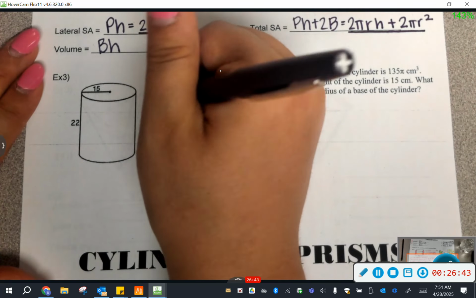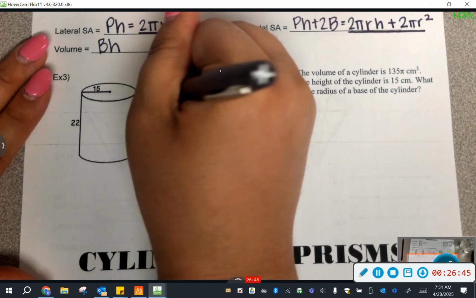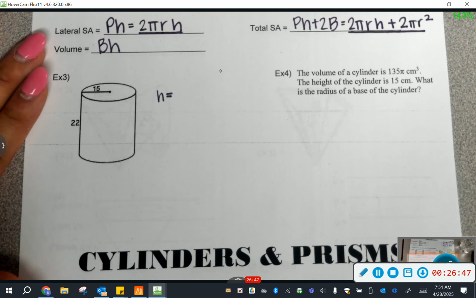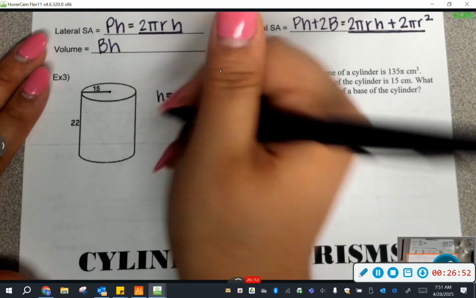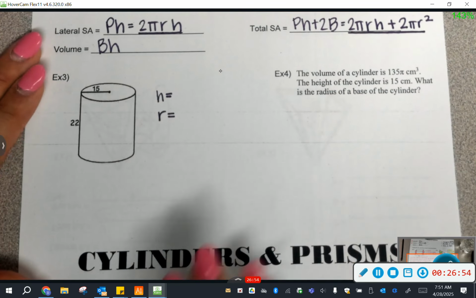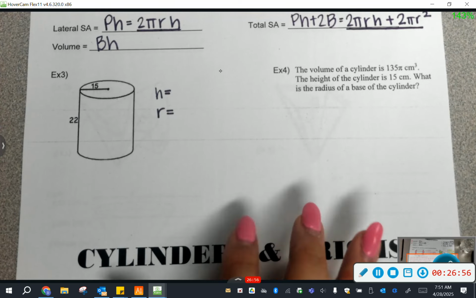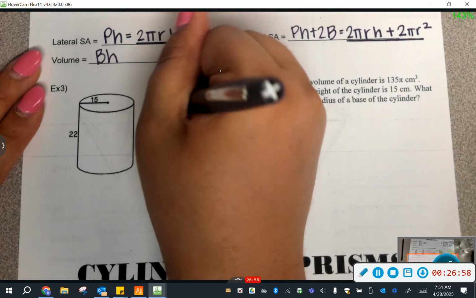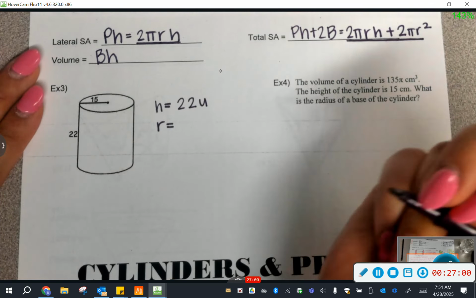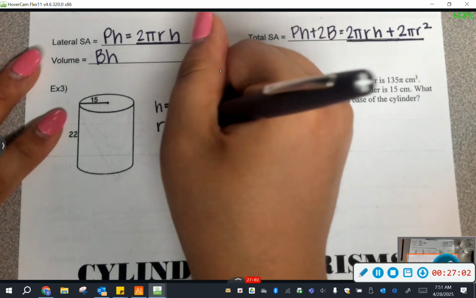We have to find the height still. But now what do we need to find instead to fill into our formulas? The radius, R. So what is the height of this cylinder? 22. What is the radius of this cylinder? 15.